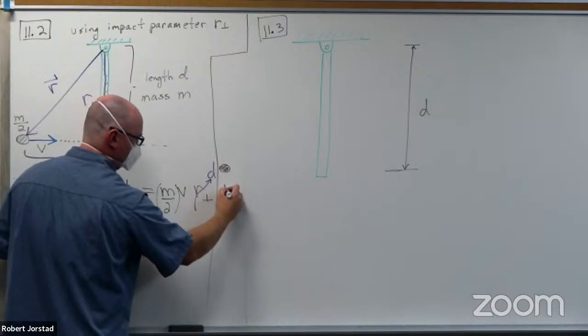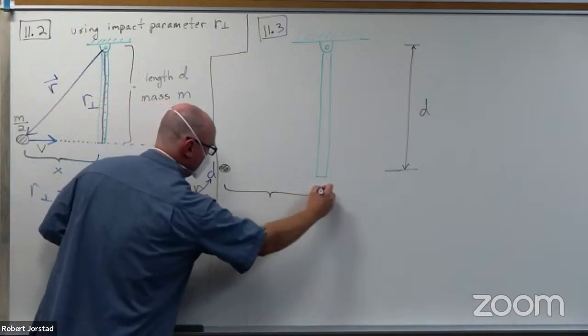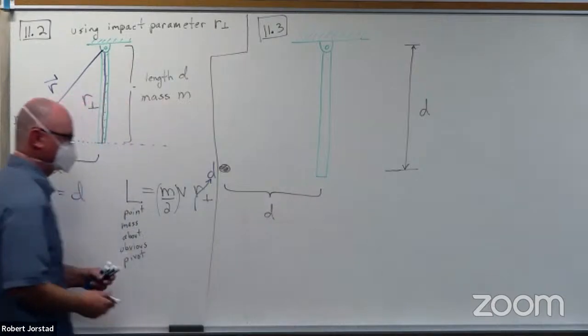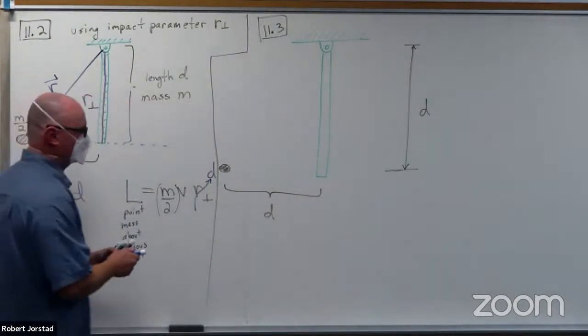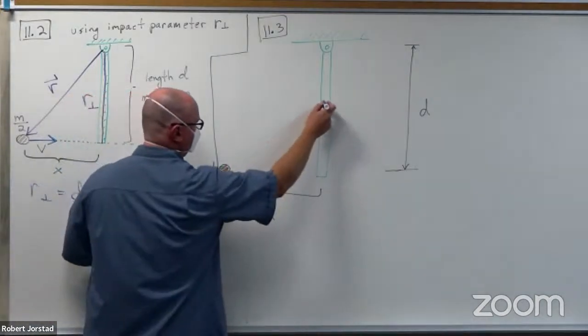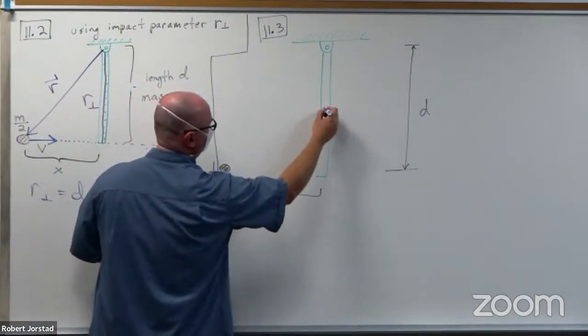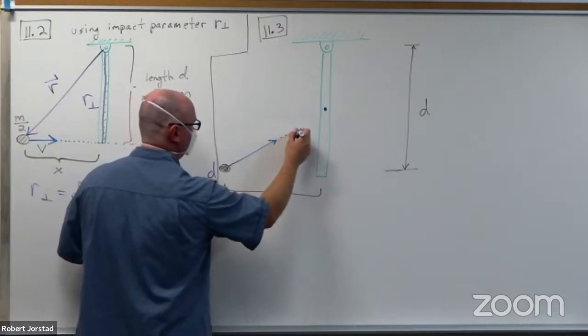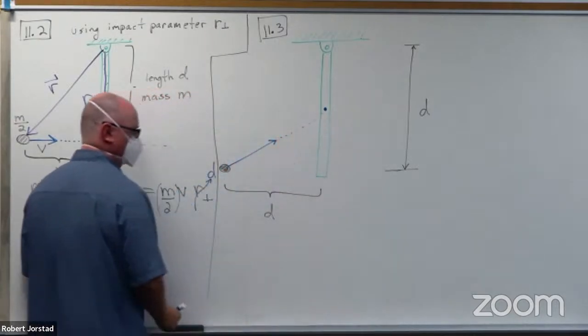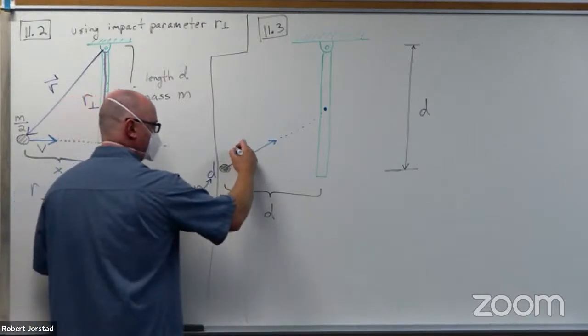We're told that the distance here is also D. And one last piece of information, we're aiming this particle right at the center. Okay, so there's the velocity.